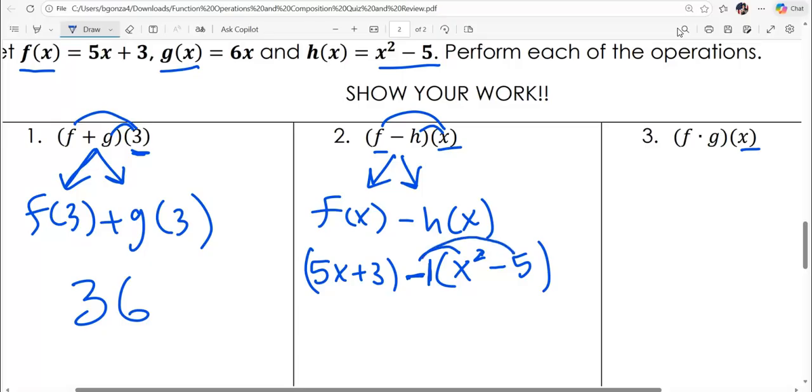What is negative 1 times x squared? Right? And then negative 1 times negative 5, a negative times a negative. Positive, so plus, and what's 1 times 5? 5, not 6. All right, so bring down 5x plus 3.